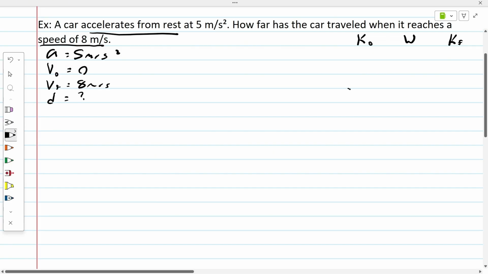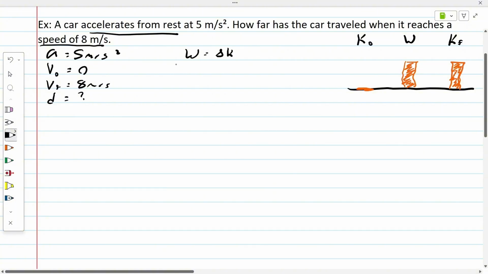So let's fill in our graph over here. In this case, we know the velocity initial is 0, so there's going to be no kinetic energy to start. But then it reaches some kinetic energy when it has the velocity of 8 meters per second. So this work is going to be equal to the final kinetic energy. We can start with the original equation, work equals change in kinetic energy.